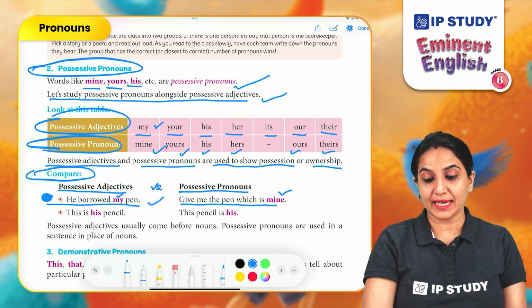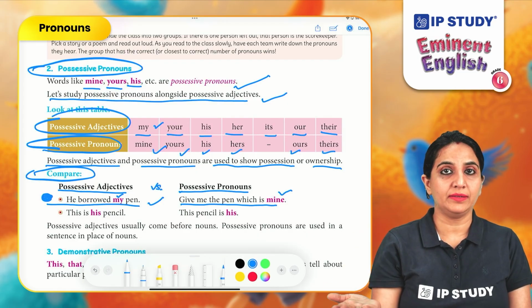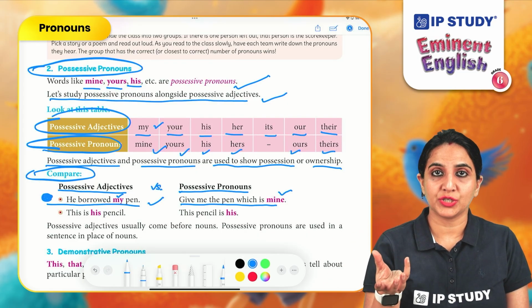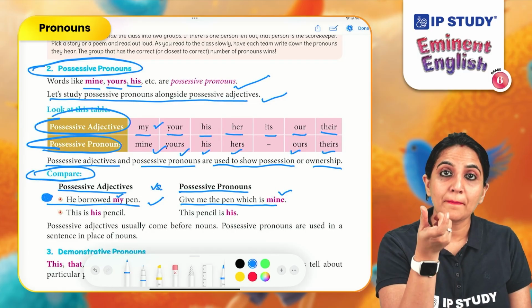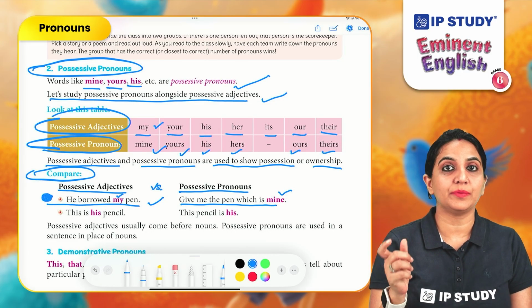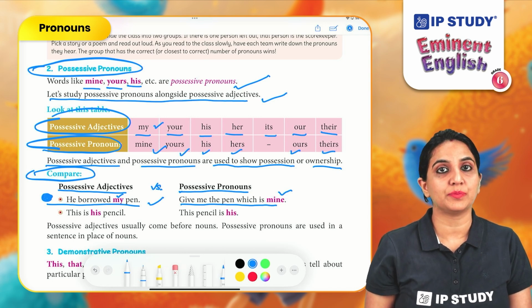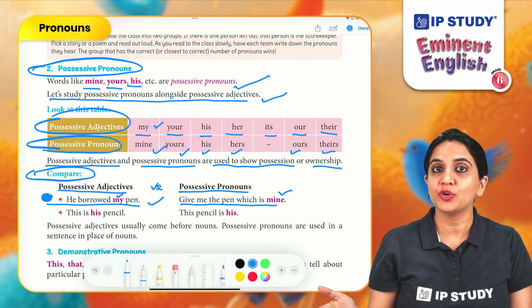But when you are describing, give me the pen which is mine, that means you're showing the possession to that noun pen and you're using the possessive pronoun mine. So that is the difference between a possessive adjective and possessive pronoun.